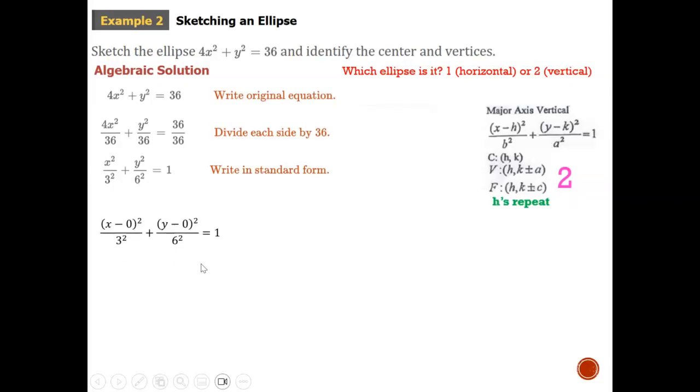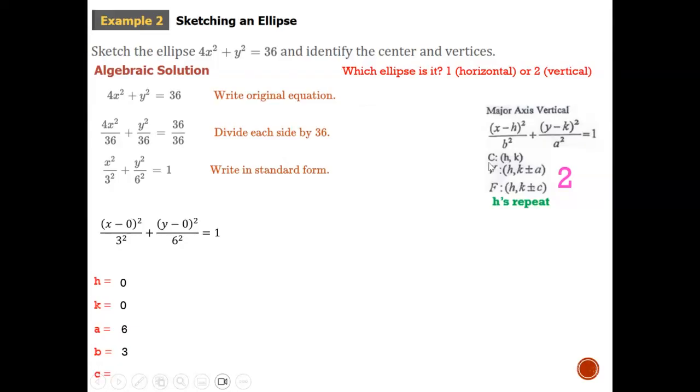So there's my formula, which means I need to find my h, k, a, b, and c. My h will be 0, my k will be 0, my a will be 6, and my b will be 3.